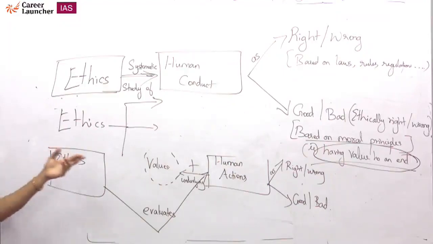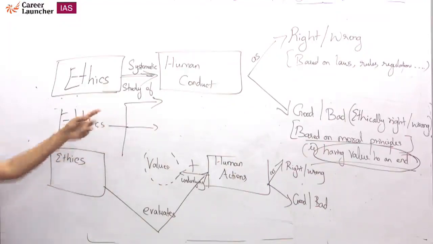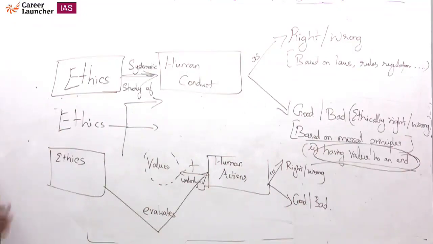It is the norms for conduct. Norms, N-O-R-M-S, norms for conduct, C-O-N-D-U-C-T. Conduct means what? What is human conduct? It's behavior, the way a human behaves. Human conduct is nothing but the way one behaves.